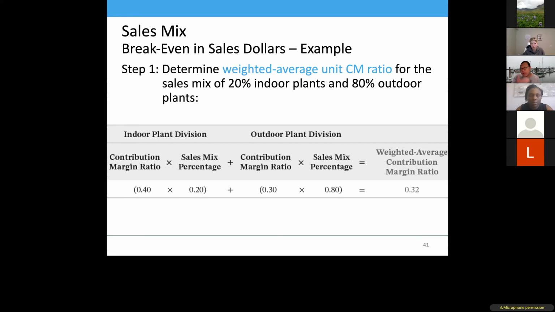And normally when you calculate for one product, the break-even point in dollars of sales, you use fixed cost divided by contribution margin ratio of that product. But now you have more than one product. You have to use the weighted average contribution margin ratio. That's it. So any questions on this?